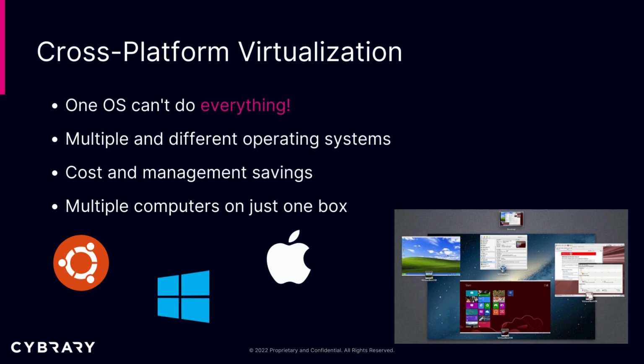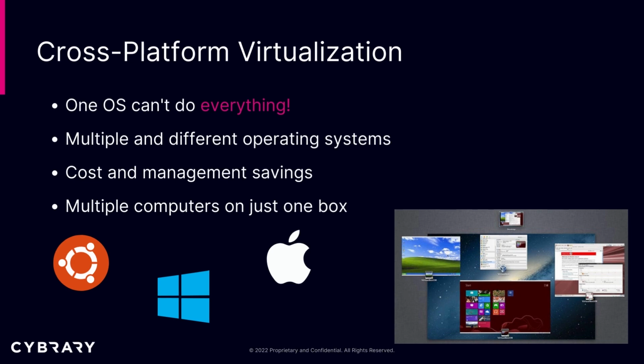Cross platform virtualization. One OS can't do everything, and that's why it's sometimes very good to have different operating systems on a host machine. The host machine has its own operating system, but on the VMs, you can have Linux, you can have Windows. You can have the host machine as a Mac, but run Windows in a VM and Linux in a VM.